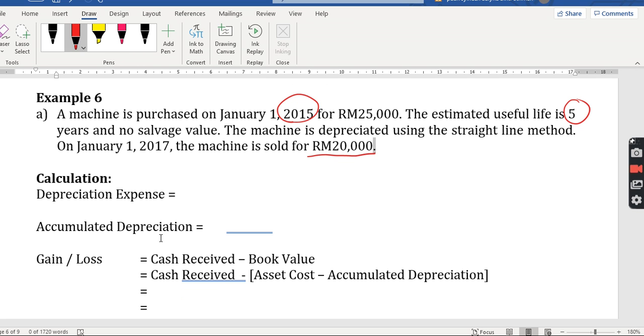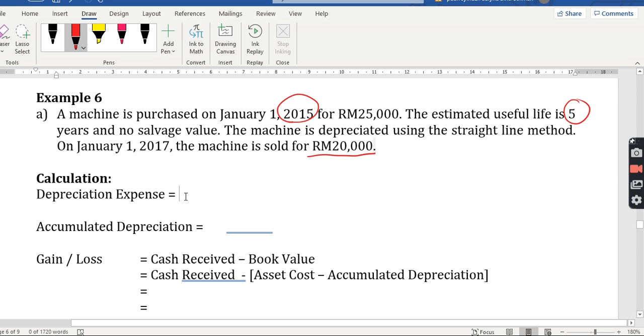The selling date is on 1st of January 2017, the first day of 2017, so we don't need to record any depreciation expense for 2017 because the selling date is between the 1st and the 15th of the month. And for 2015 and 2016, the accounts are already closed, which means the depreciation expense was already recorded during the closing date.